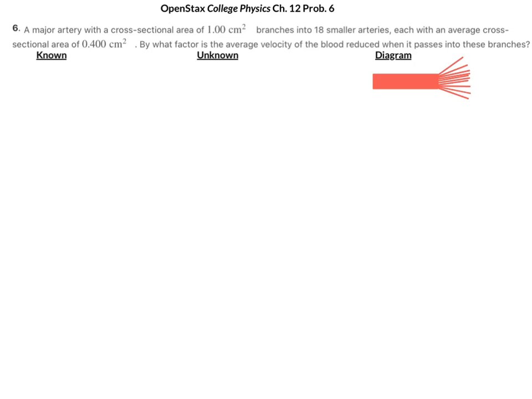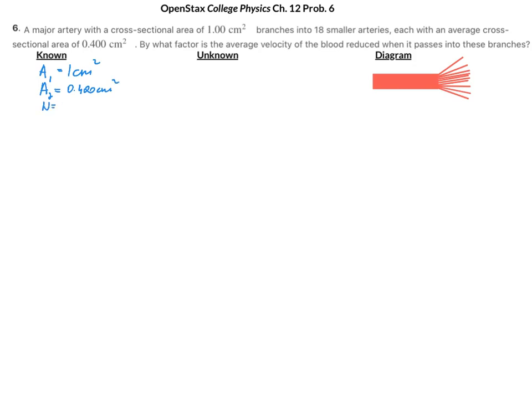So let's write down the things that we know and whatever we're looking for. So we know that the cross-sectional area of the artery is 1 square centimeter. And then that artery branches out into 18 smaller arteries of cross-sectional area of 0.4 square centimeters.